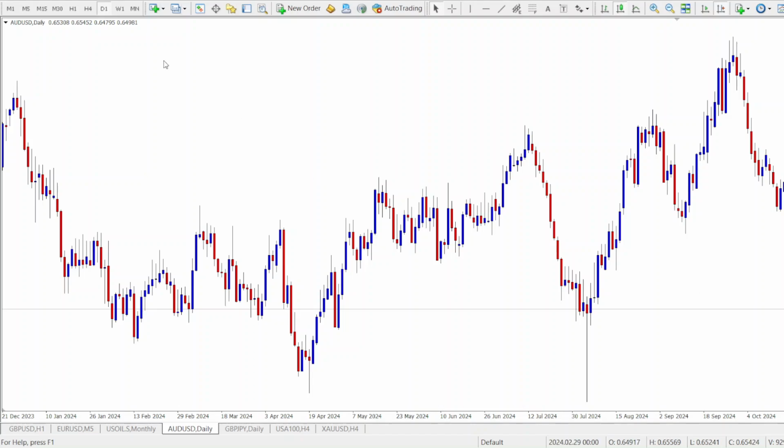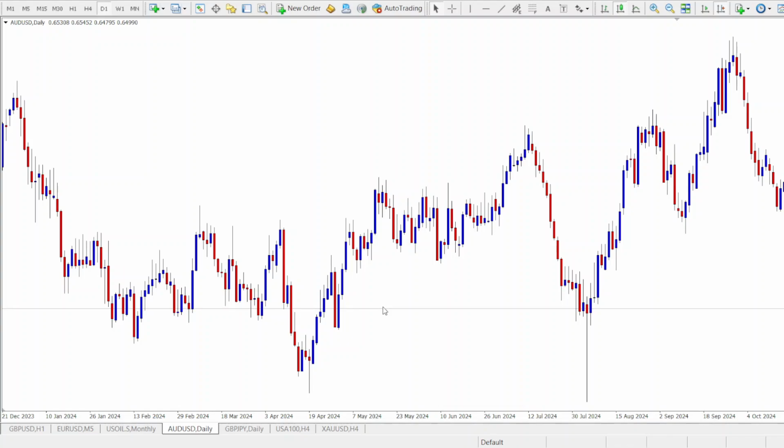Okay, so I'm just going to be adding the indicator to the chart right away. After downloading the indicator, remember that you will need to add it to the indicators folder of the platform you are using. So I'm using the MetaTrader 4 platform. So I had to add the indicator file to the indicators folder of the MetaTrader 4 platform.